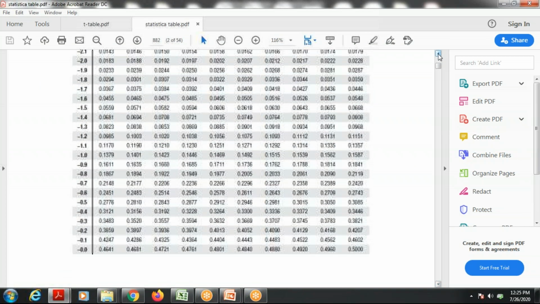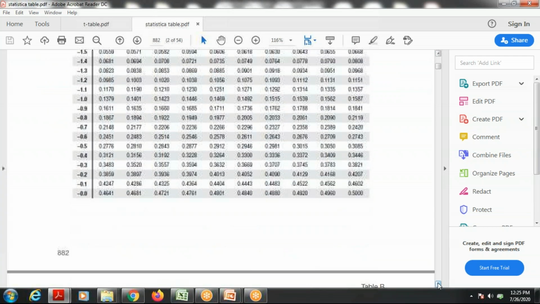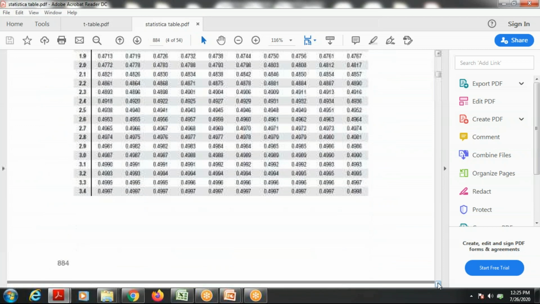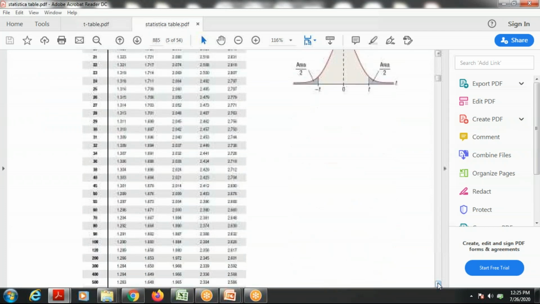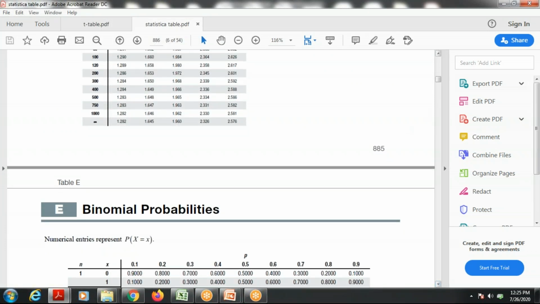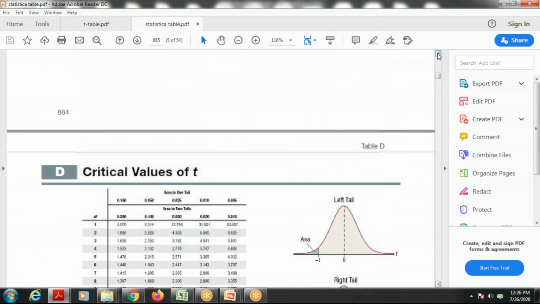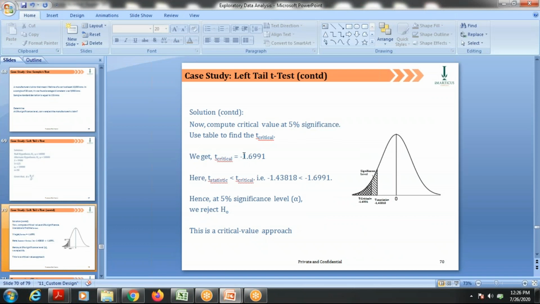So this is Z. We need to make a small change in the PPT, that this is not negative.